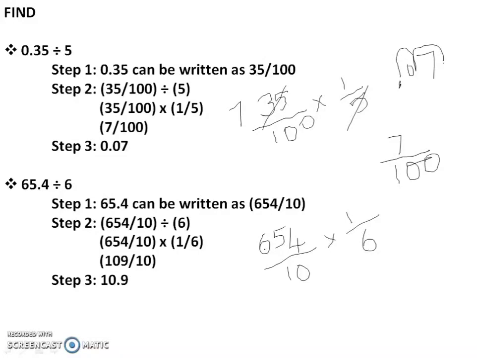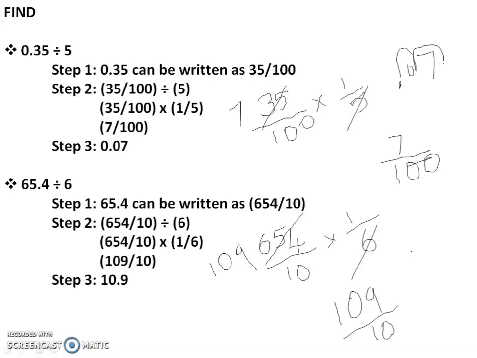Here you can see 654 can be divided by 6. 6 into 109 is 654. So what will you get at last? 109 by 10. You will get 109 by 10.